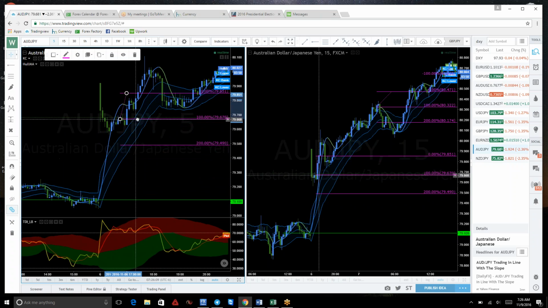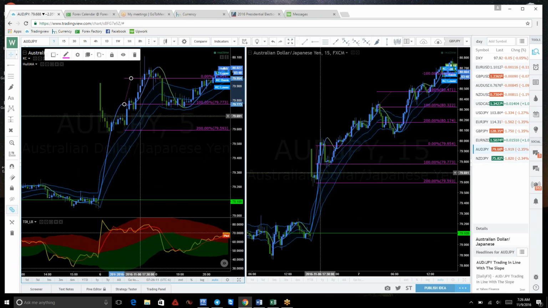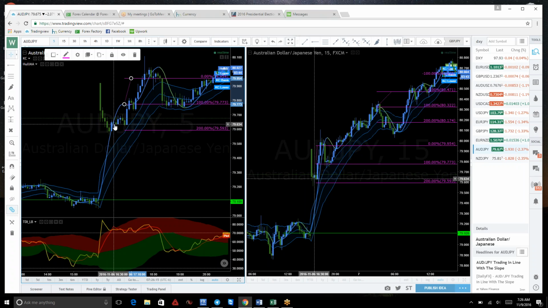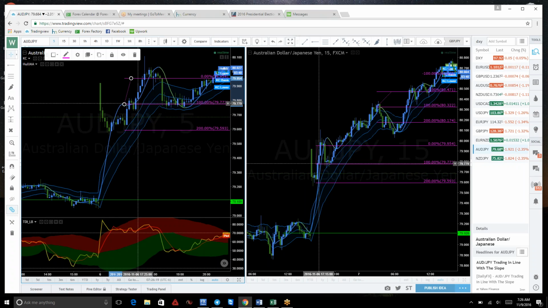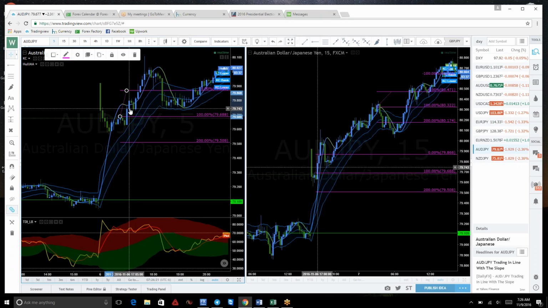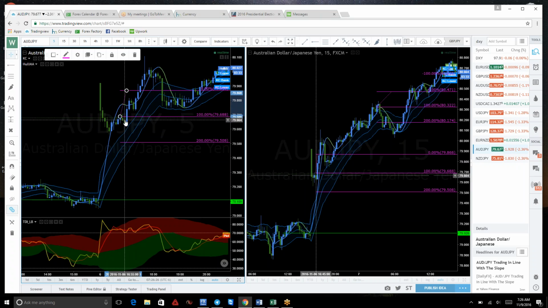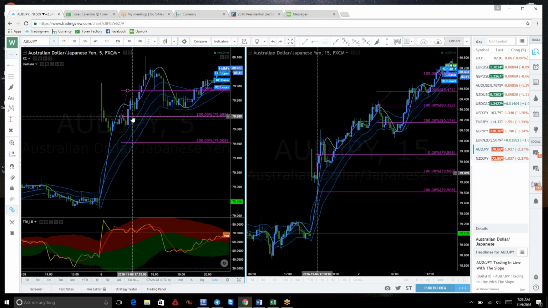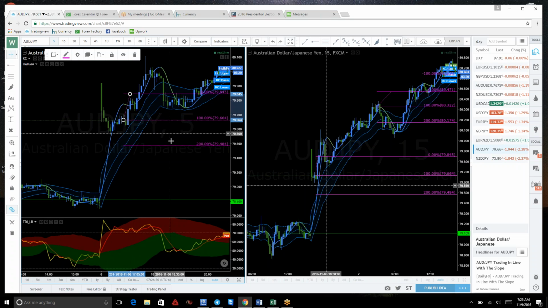So sticking with the same idea, the shorts, where does the cross happen? There's the cross. I was using these green ones so it didn't have as many. So it crosses there, confirms there. So that was a loss.